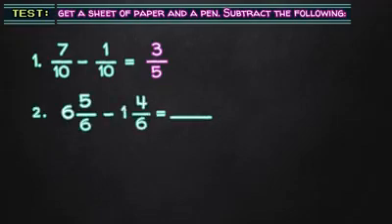Number 2, 6 and 5/6 minus 1 and 4/6 equals blank.